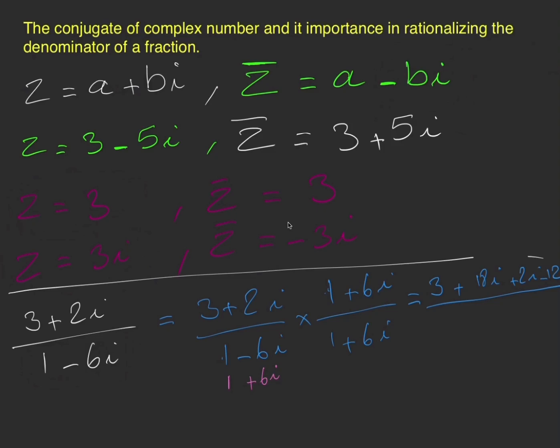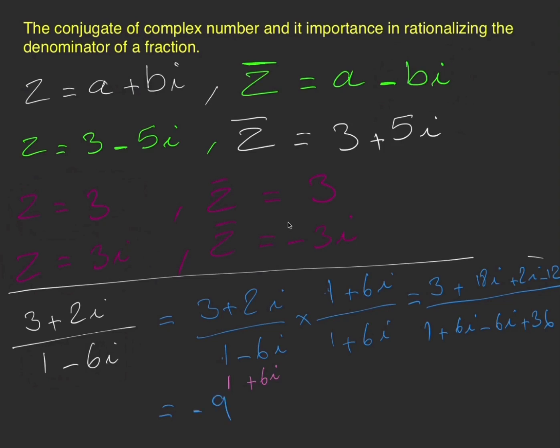Let's go here: multiply 1 by 1 is just 1, multiply 1 by 6i is 6i, and minus 6i, and plus 36, because negative 6i times negative 6i is negative 36 i squared, and i squared is negative 1 so it changes to positive.